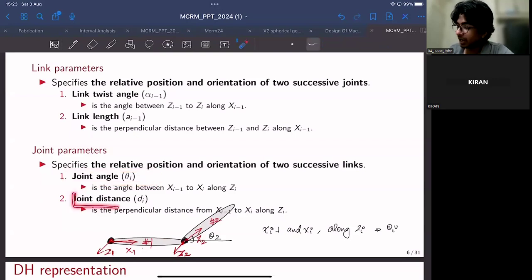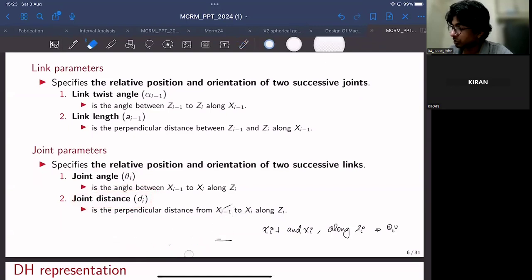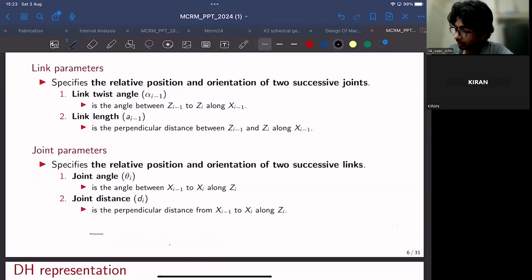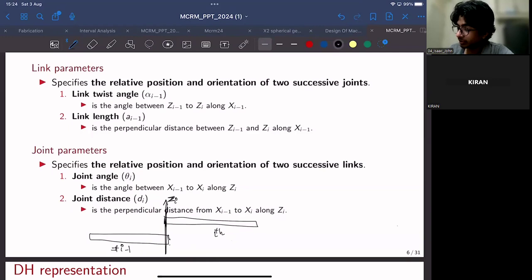And one more distance that we haven't taken care of is the joint distance. So I'll have to resort to a different view. For example, consider a front view of two links like this. This will be the (i-1)th link, and this will be the ith link. The ith link and the (i-1)th link are connected using the ith joint, and the axis along the joint will be labeled as z_i.